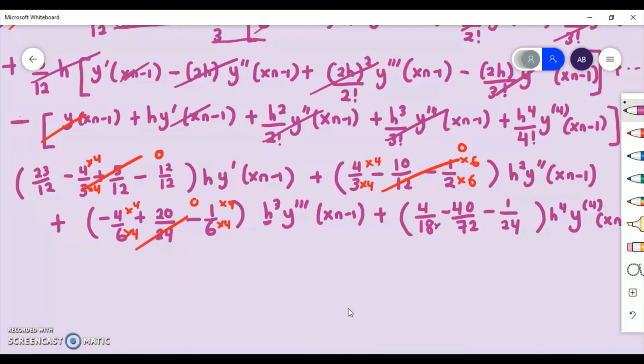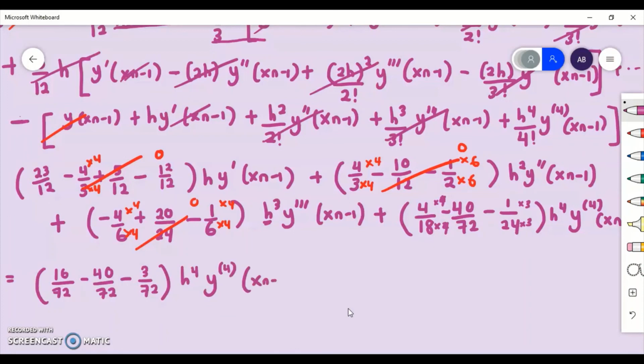So what I want to do here: multiply by 3, multiply by 3, multiply by 4, multiply by 4, multiply by 3, multiply by 3. So what I have here is 16 over 72 minus 40 over 72 minus 3 over 72, h to the power 4 times the fourth derivative at x_{n-1}, plus order h to the power 5.